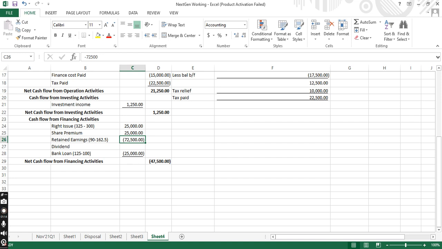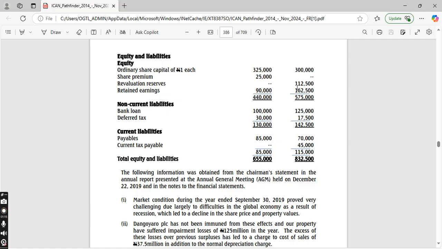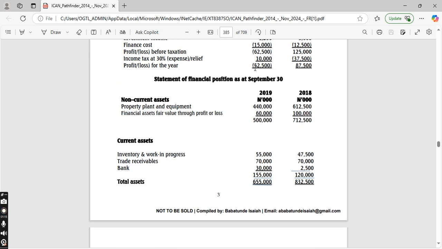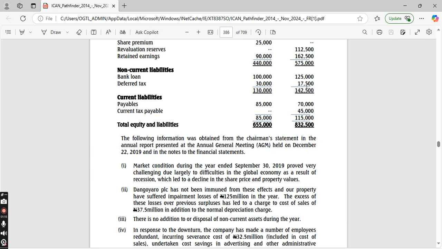52,500. I have seen the dividend. Do you understand? Now, when we deducted our retained earnings of 162,500, we had a loss for the year which was 52,500.